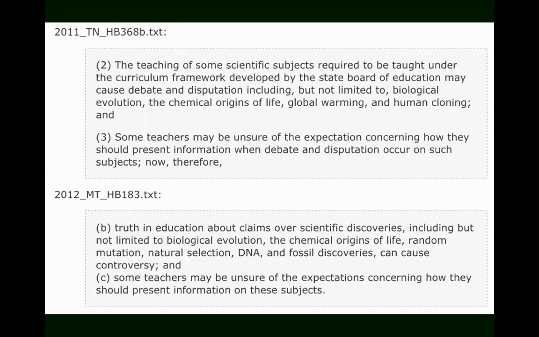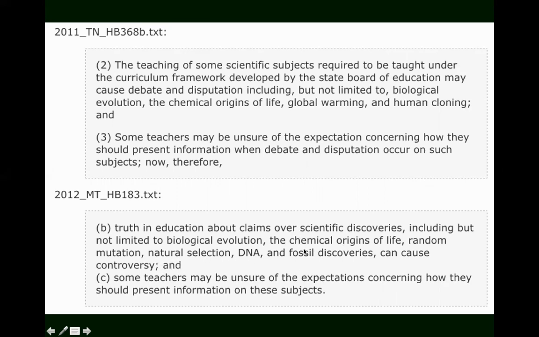Here's another one, 2011, 2012. They basically say some of these topics cause debate and disputation, including but not limited to biological evolution, chemical origins of life, global warming, and human cloning. Whereas in 2012, this turns into biological evolution, chemical origins of life, random mutation, natural selection, DNA, and fossil discoveries can cause controversy, right?